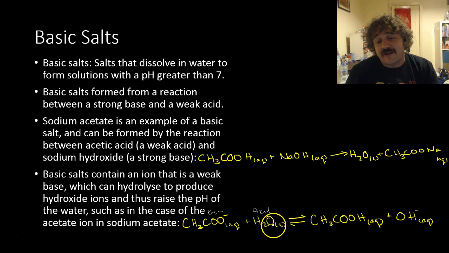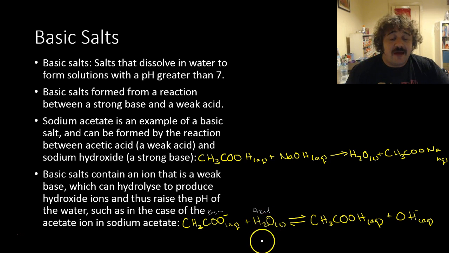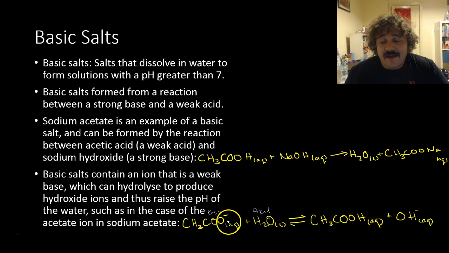In this case, though, because the reaction is going forward, we have an acetate ion, because it separates from the sodium, an acetate ion reacting with water to take a proton. So the water donates a proton, which means the water is acting as an acid. The acetate accepts a proton and becomes more positive, which means it's the base.